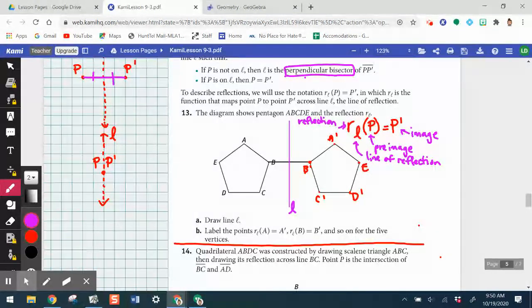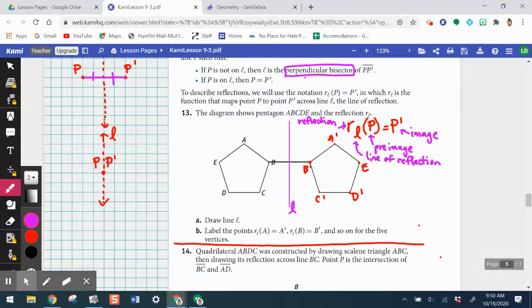What's after the equal sign is the result of the reflection of a point P over the line of reflection L, and it's P prime, our image point. So again, that's what the notation means. We only see this notation when we're off the coordinate plane. We see the functions to help us when we're on the coordinate plane, and we see this notation to let us know what's happening when we're off the coordinate plane.